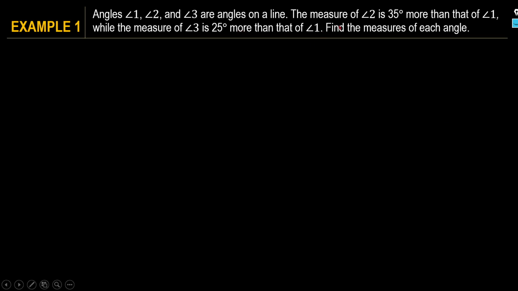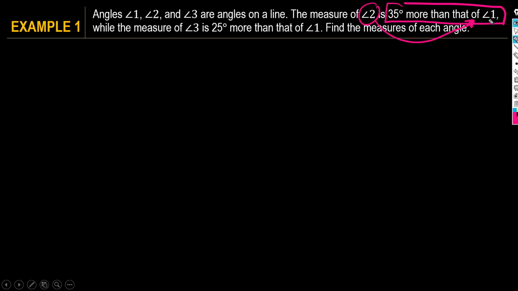Let's see. If you notice our angles, there are 3 angles. We're looking for the measurements of 3 angles. But especially, they are angles on a line. Dapat natutunan natin yan dun sa GeoGebra applet that is attached onto the asynchronous material. Look at sentence 2, the measure of angle 2 is 35 degrees more than that of angle 1. So note how the measurement of angle 2 is sort of dependent on the measurement of angle 1.